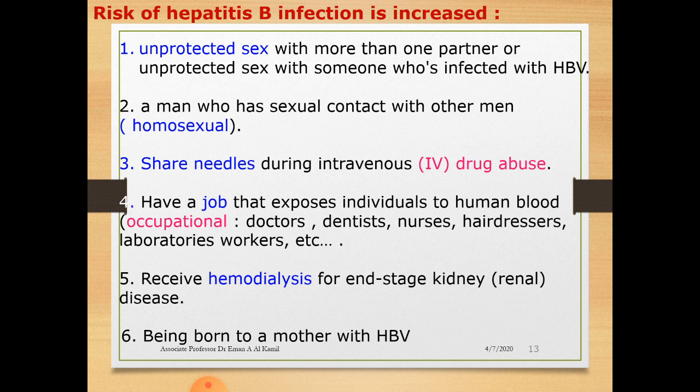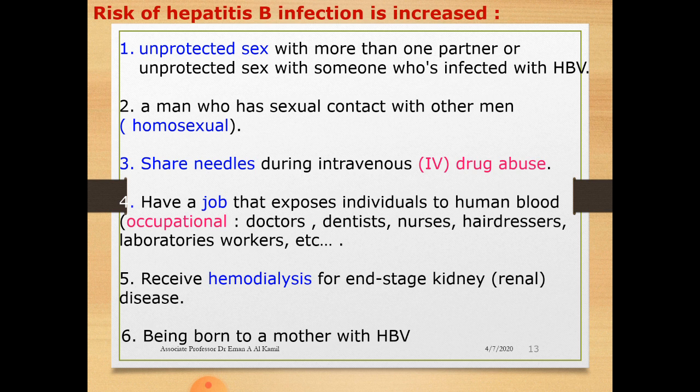Also, there are certain occupations which put people at risk of infection, and it is regarded as one of the occupational diseases. The most common employees who get the infection or are at risk include healthcare workers or healthcare personnel such as doctors, nurses, dentists, and laboratory workers, and also other risky occupations such as hairdressers.